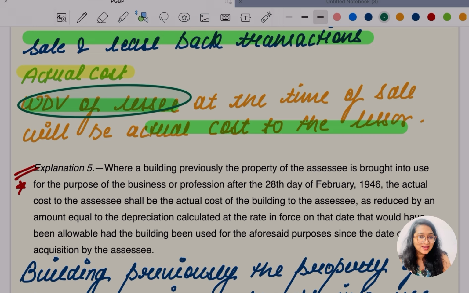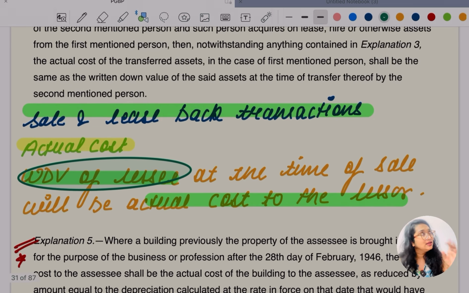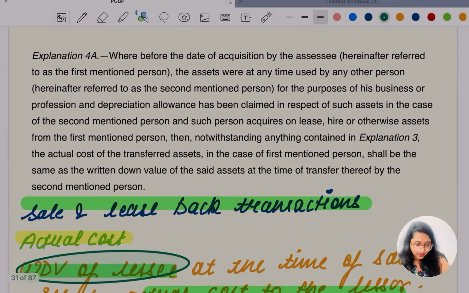In the earlier situation, I sold it and then I acquired the asset, but in this situation the things are different. I sold it and I had taken the asset on lease, so this is called the sale and lease back transaction. And in this case the actual cost is the WDV of the lessee at the time of sale, which will be the actual cost to the lessor.